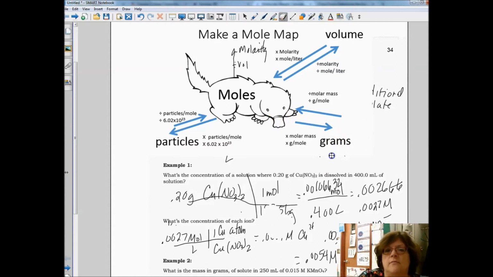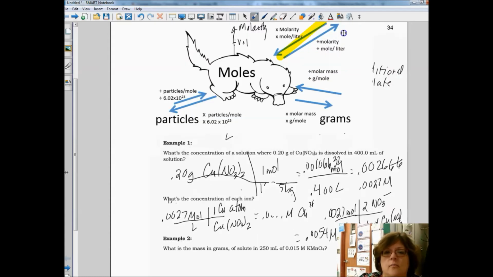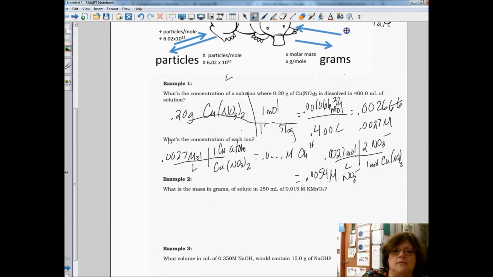And we're given volume and molarity. If we follow the arrow from volume to moles, we have to multiply. So we're going to take 0.015 moles over liters of permanganate, and we're going to multiply that by our volume.